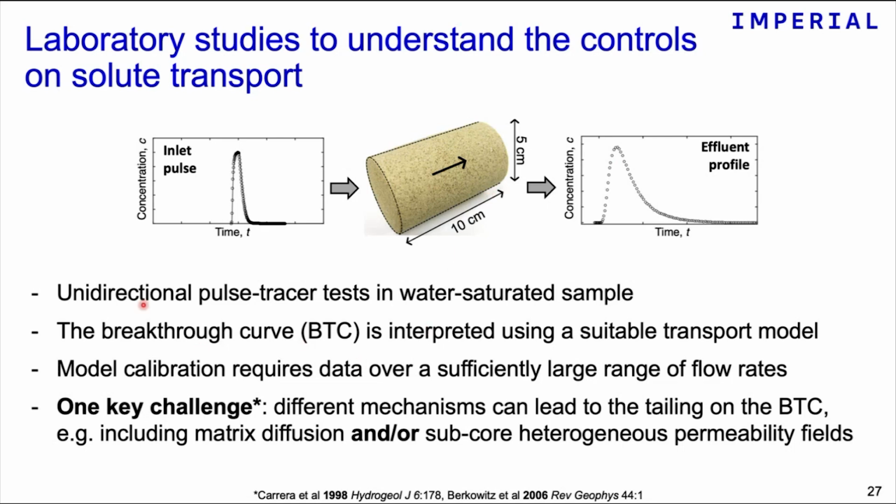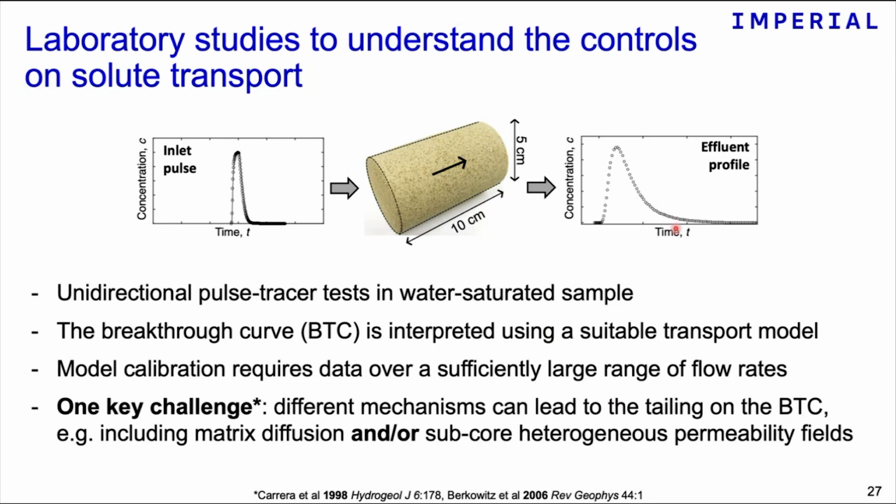And typically, indeed, you interpret this breakthrough curve using a suitable transport model. Now, the key challenge in interpreting this data is that different mechanisms can lead to macroscopic observations on the breakthrough curve that are actually equivalent.